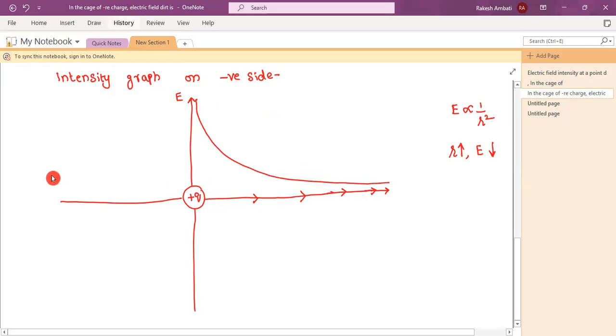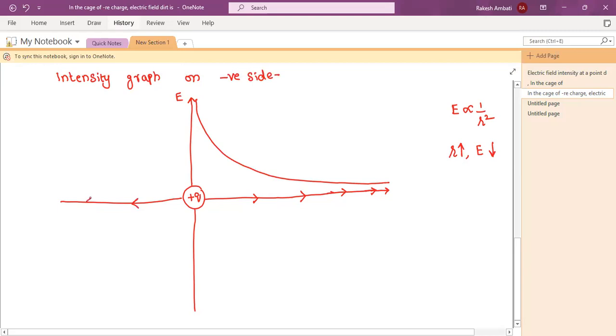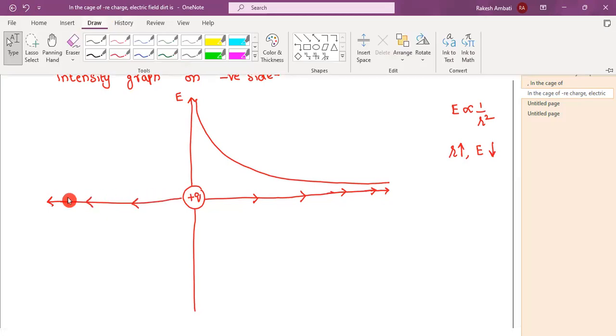In the same way, in the case of positive charge, what is the direction of electric field? Away from positive charge. As the distance increases, intensity gradually decreases.